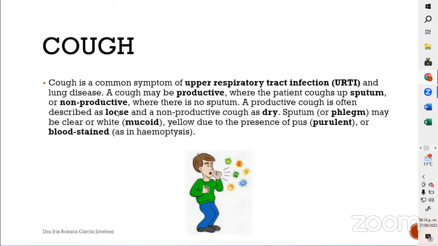When they say I'm coughing with a loose, they are showing us that they have some sputum, they have phlegm. Okay, they are leaving some phlegm, some mucus, and in that way, it's easy to catch. It's easy to understand. If they say loose, they are leaving something. Could be phlegm, could be blood, could be anything, but they are leaving something by mouth. If they say that it's dry, of course, there is nothing. It's the opposite situation, okay?